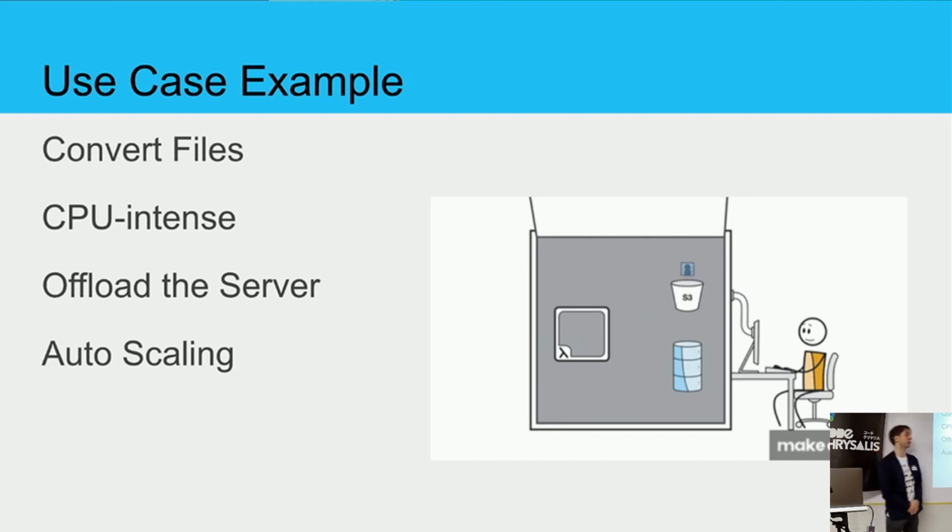So PDF conversion is quite CPU heavy, and if you get a big load, your system will be overloaded and it will probably crash. Unless, of course, you build out so you have the server capacity to do this.